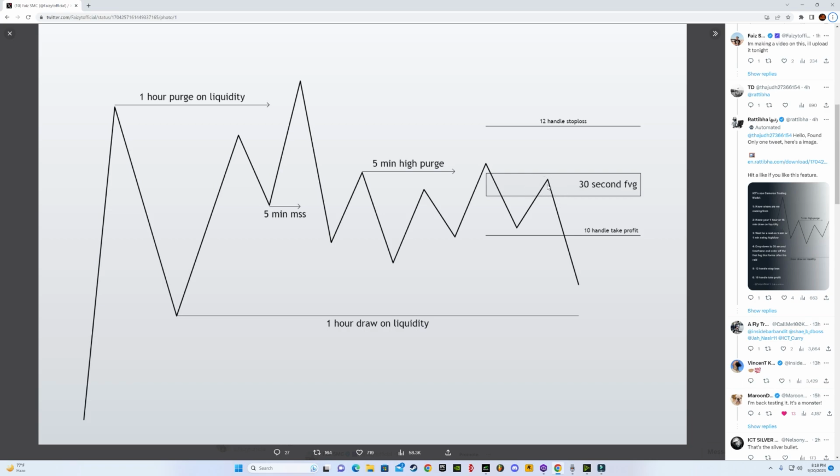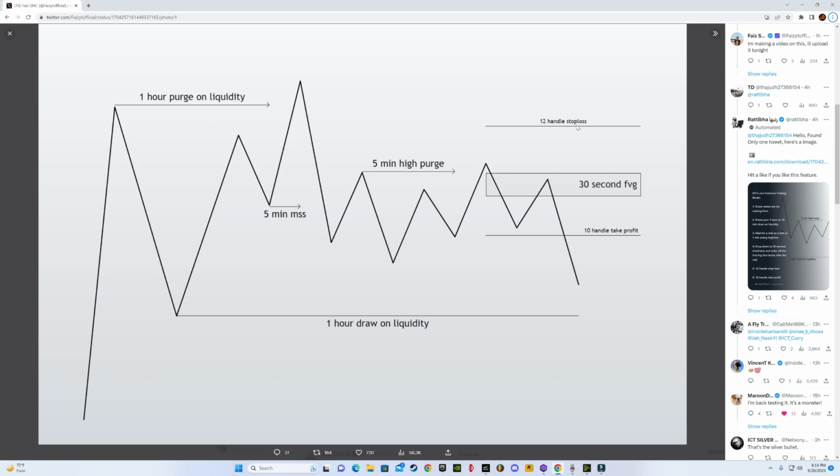Now, what are the stop loss and take profit rules? ICT said that his son can risk 12 handle stop loss. So if you don't know what handles are, we're talking about assets like S&P 500, NAS 100 or US 30.